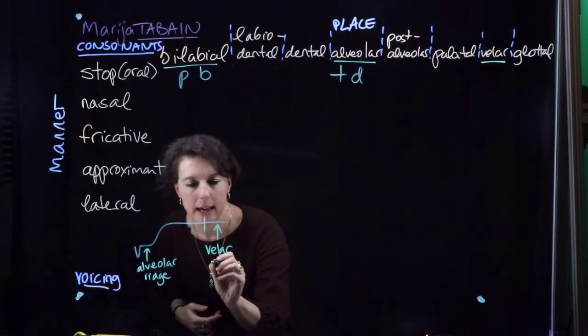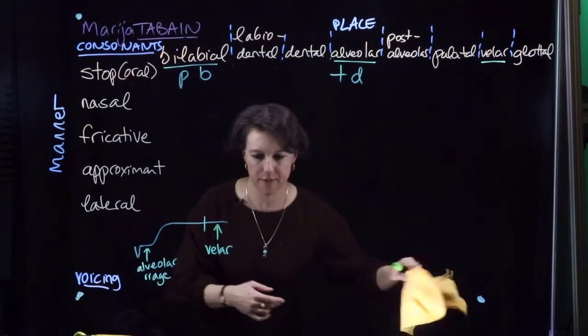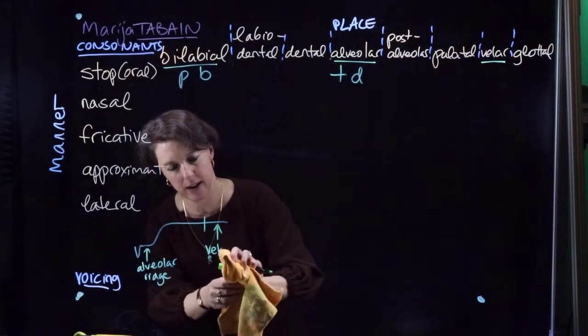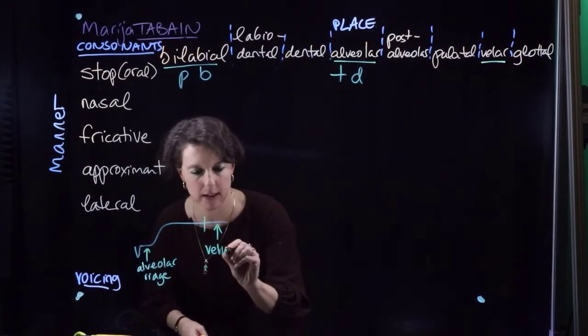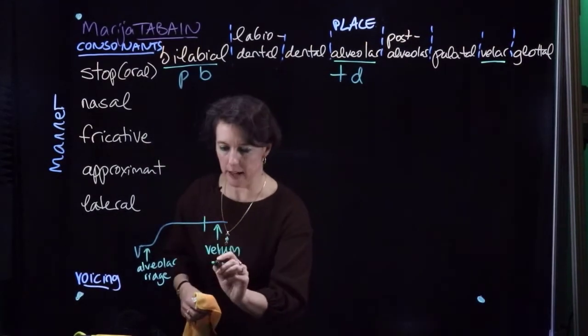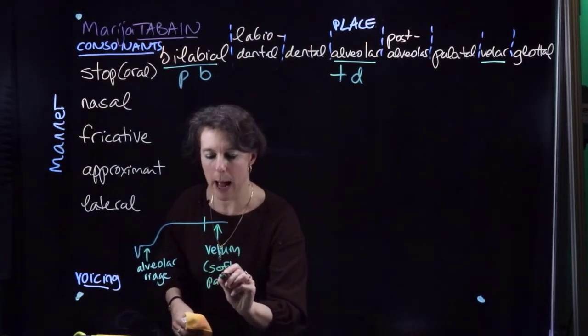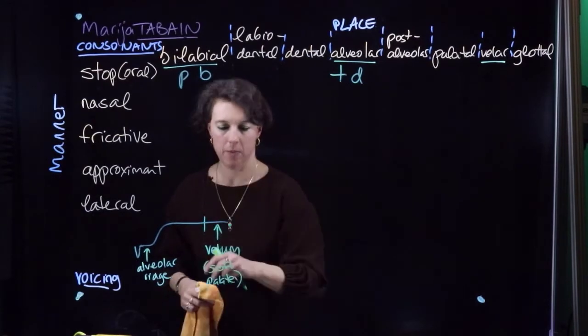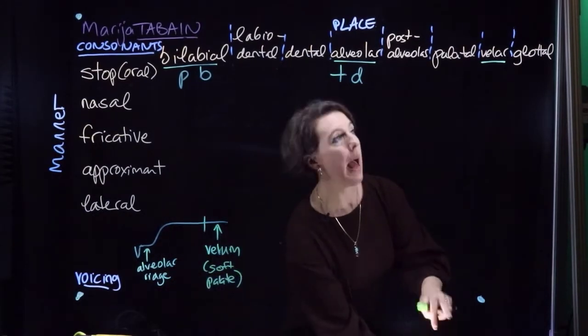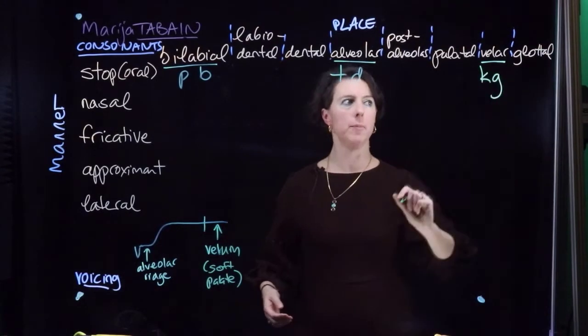The velum, alveolar ridge, actually I should just fix that up and write velum for velar. So velar is how we describe the place of articulation, but the actual soft palate is called the velum. That's the soft palate. Okay. So that's the velum, and the sounds that are made at the velum are k and g.